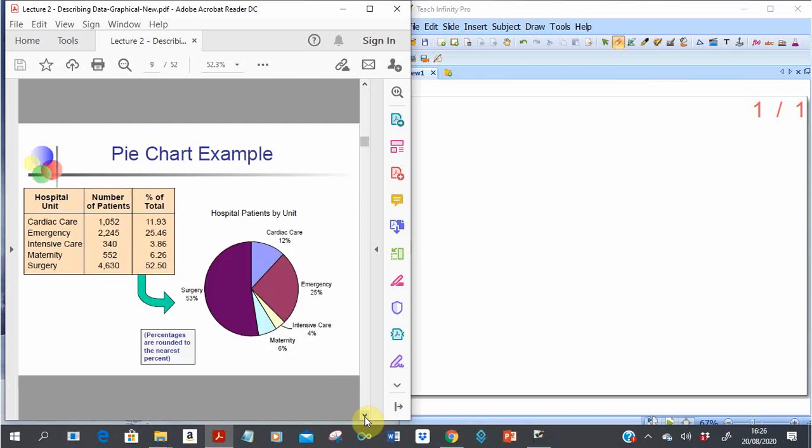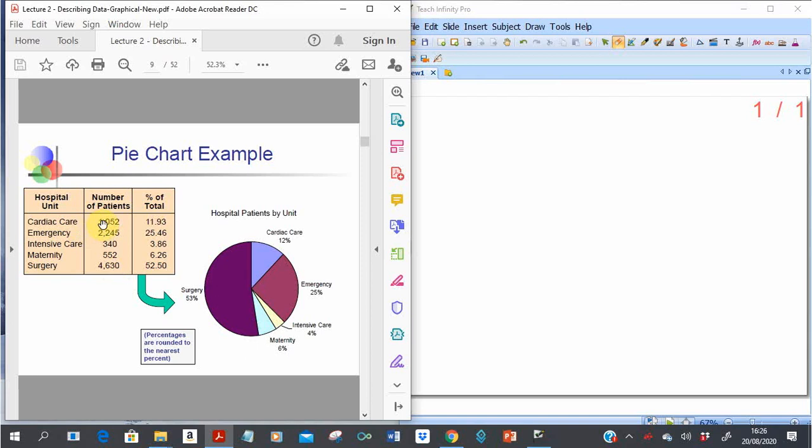Okay, so we move to a pie chart. For a pie chart, what you notice is that it is represented by sectors of a circle. The sectors are commonly known as the slices, and usually these are represented by percentages. So you get the total number of patients, which is the frequency, 8,801.19.